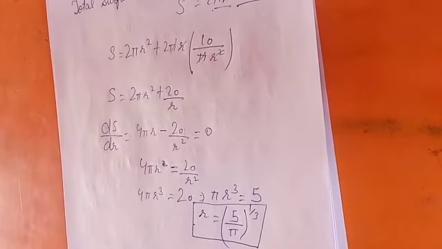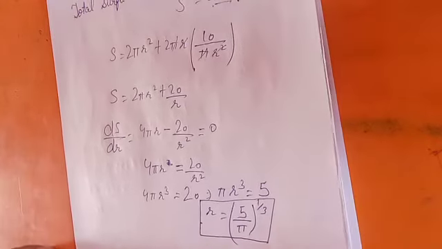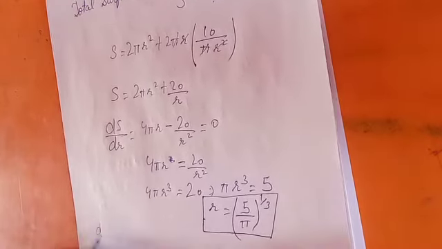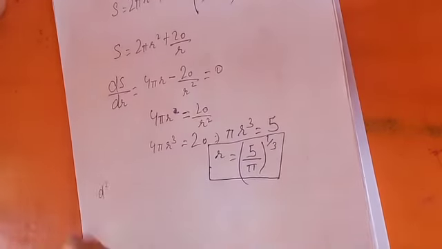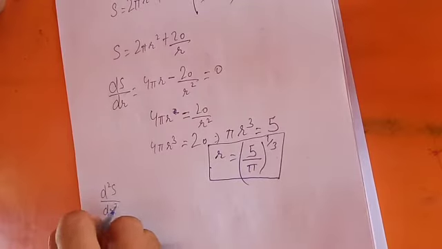We have found the value of r, but we still have to check whether at r equal to 5 by pi whole raised to power 1 by 3 the total surface area of the cylinder will be minimum or not. So for that we have to do the double derivative. Double derivative means d²S by dr square.